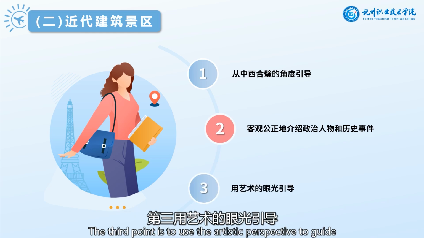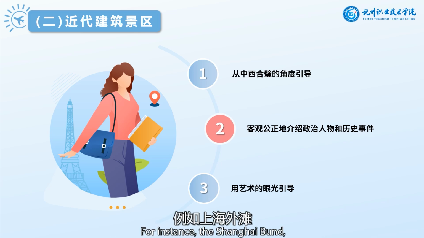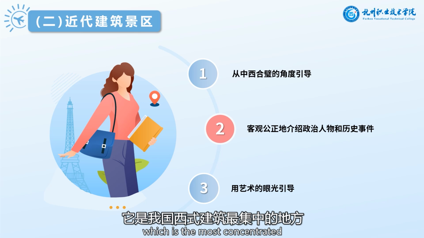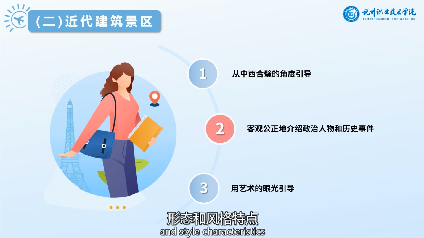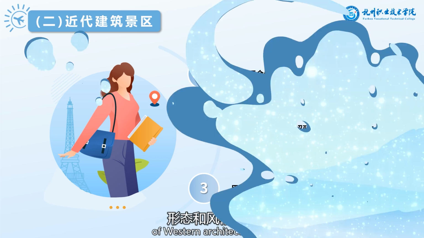The third point is to use the artistic perspective to guide. For instance, the Shanghai Bund, which is the most saturated place of Western-style buildings in China, can enable tourists to understand and know various elements, shapes, and style characteristics of Western architectural art.